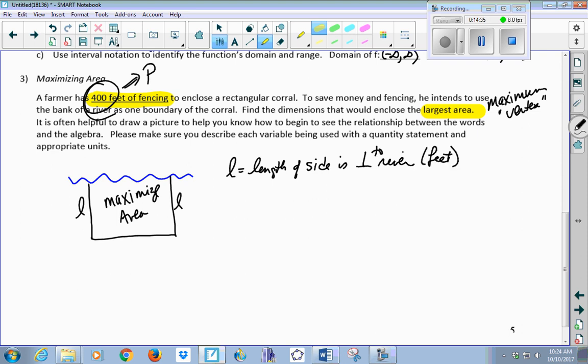And let's say W will be the length of the side that is parallel to the river, and that's measured in feet as well. Okay, so what do we know? We know that our perimeter will be 2 lengths plus 1 width, and our perimeter is equal to 400 feet.